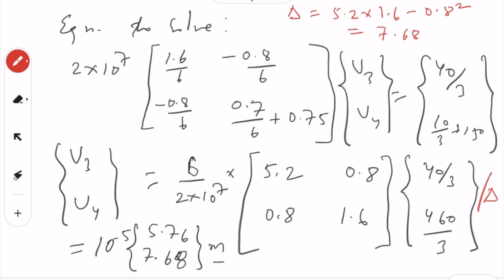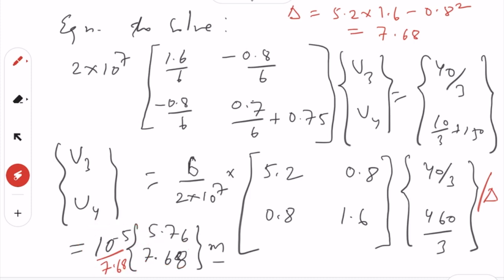That means our this one is not correct, and we have to divide it by 7.68. So let's divide by 7.68, and hence we get the value. Everywhere we have to do that correction. It has to be divided by 7.68. So we have 7.68 here.